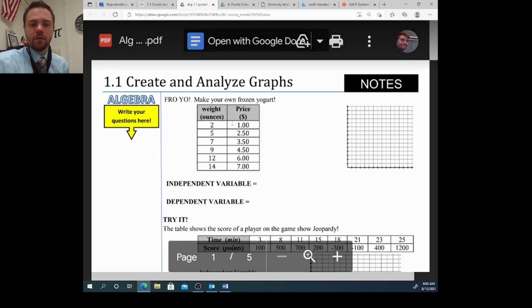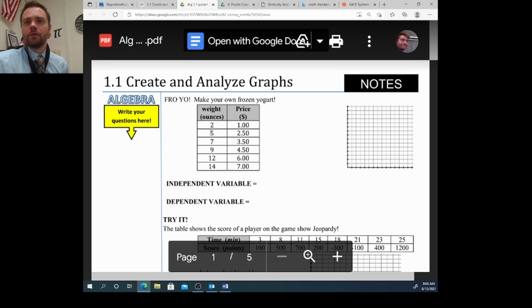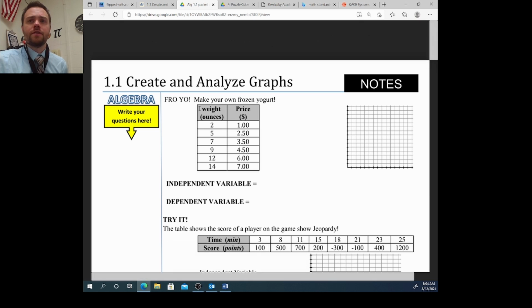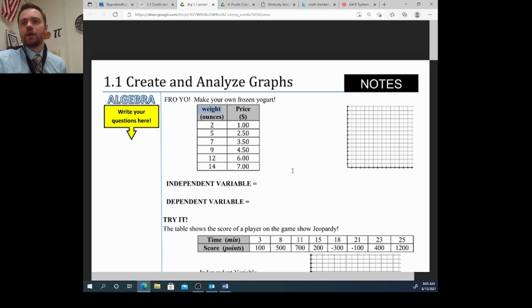So we've got a few different things going on here. What you should notice first is that the input is weight. So the manipulated variable is weight. As weight increases, we're seeing how price changes for frozen yogurt. And we want to see with our eyes what's going on with the graph as we increase weight. Okay, so we're going to label the two axes.